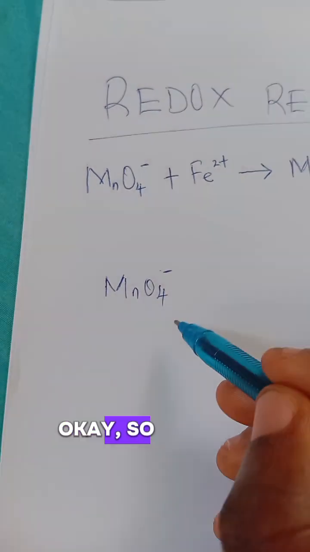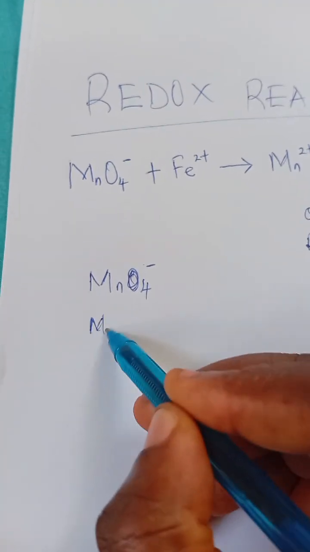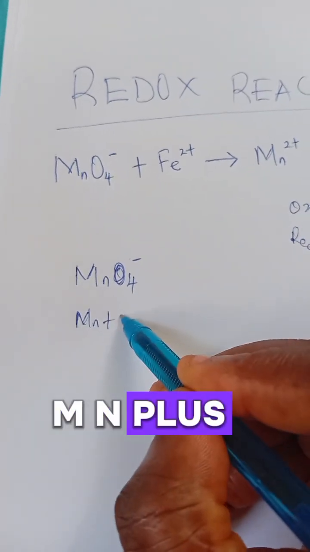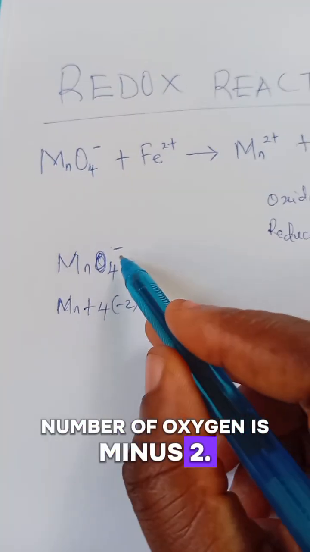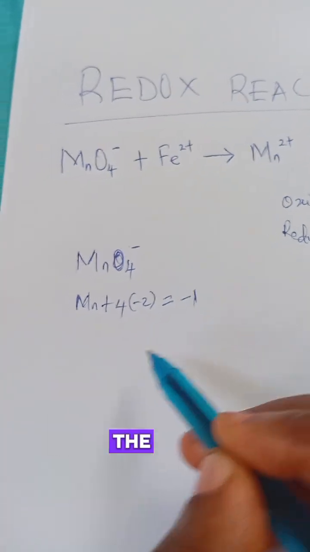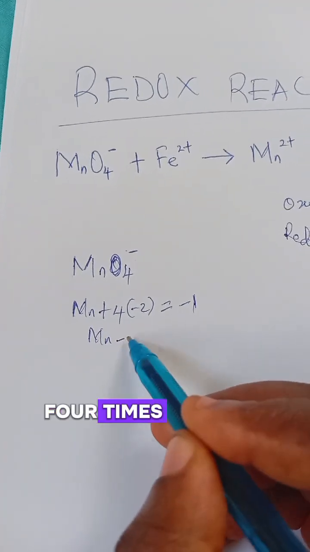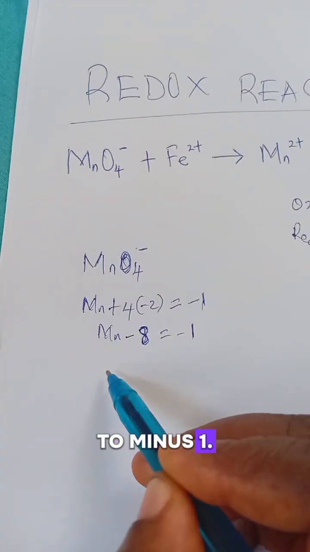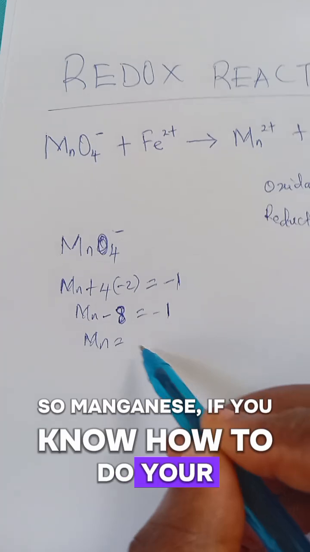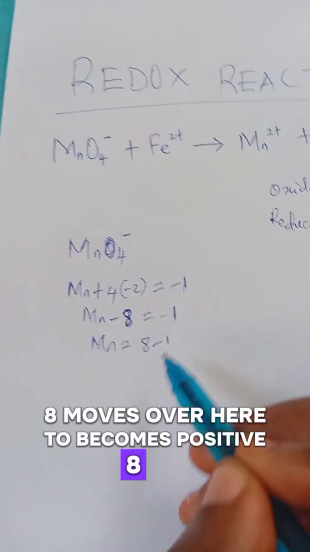So it becomes Mn plus 4 times minus 2, because the oxidation number of oxygen is minus 2. I'm going to equate it to the charge on the ion, so I'm left with 4 times minus 2, which will give you minus 8, equal to minus 1. So for manganese, 8 moves over here and becomes positive 8 minus 1.